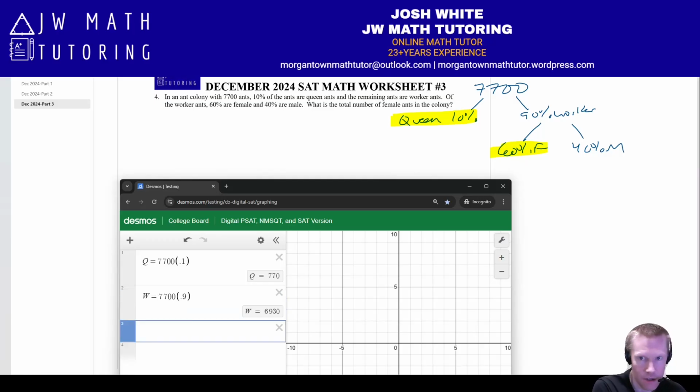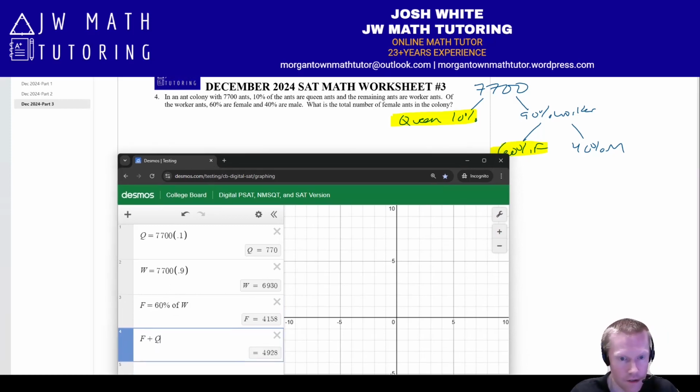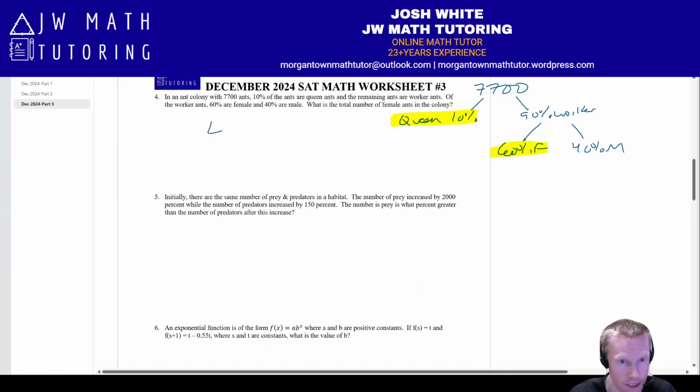And then I'm going to take 60% of W. I'm going to call that F. That's the number of female worker ants. So how many total female ants do I have? Well, I've got F plus Q. Slide this up. So together I should have 4,928. So the answer I get to this problem is 4928 for the total number of female ants.